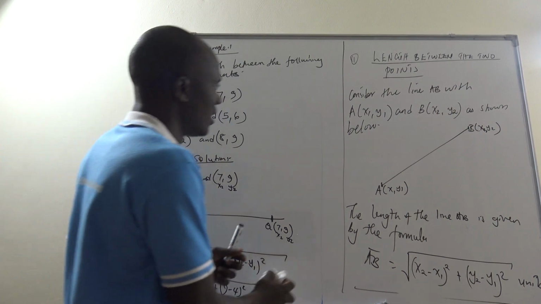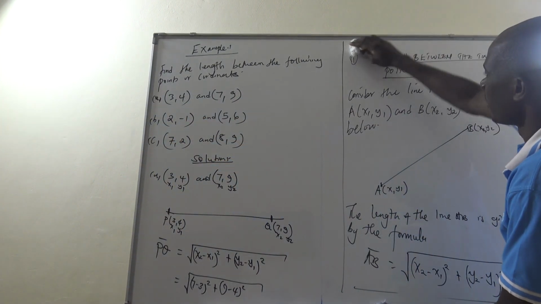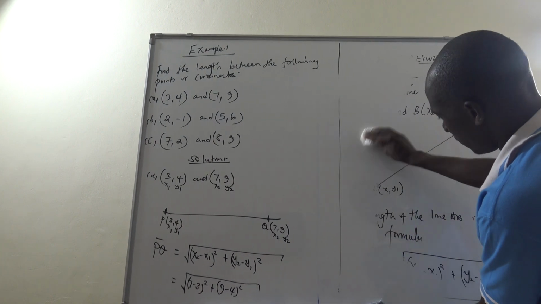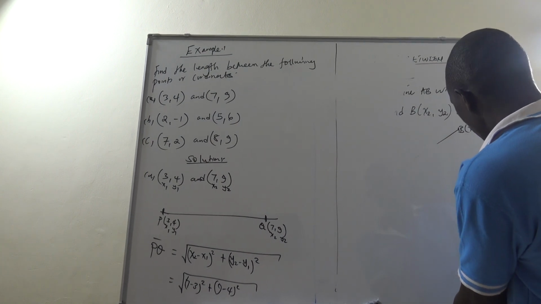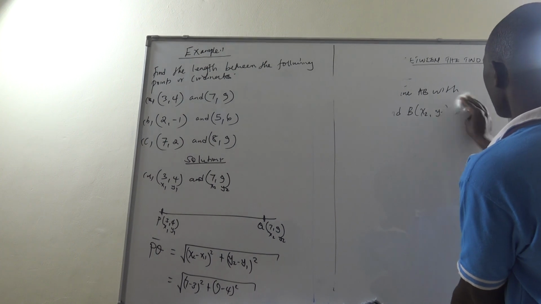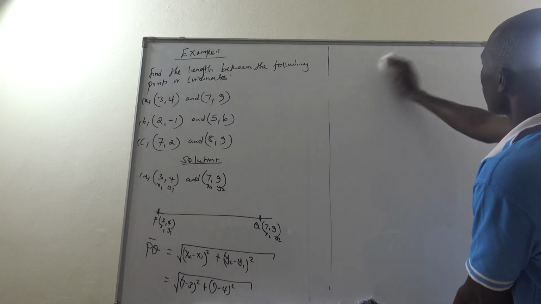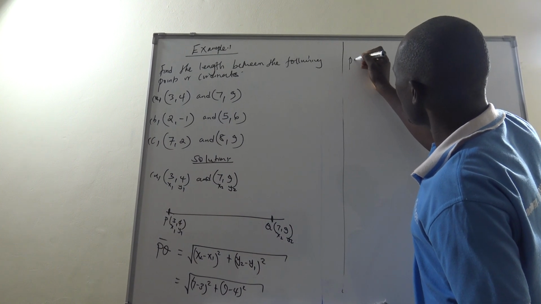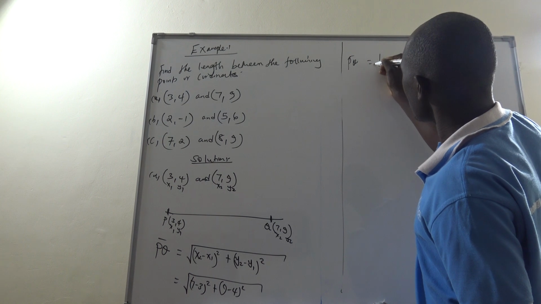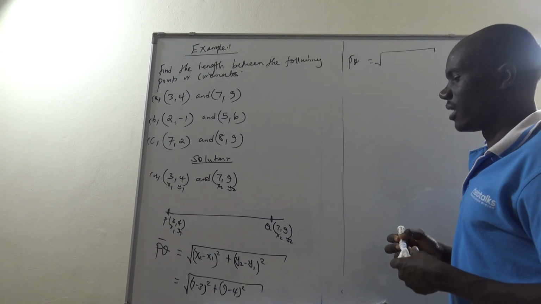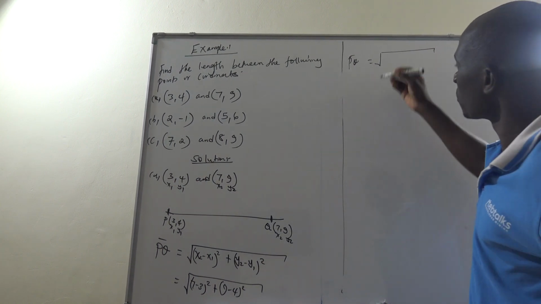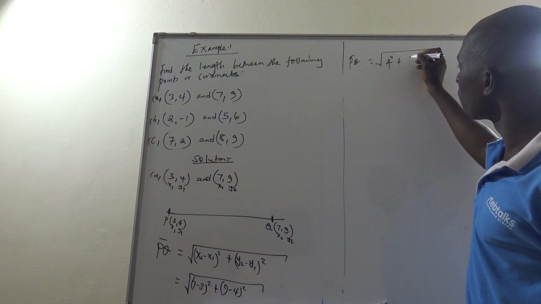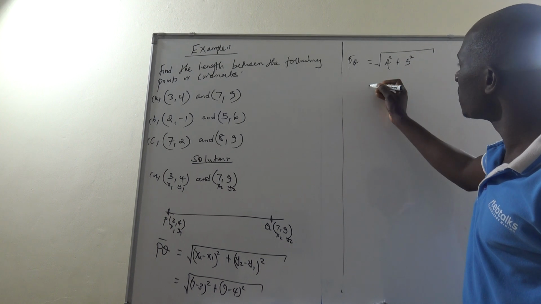So can we go ahead? What is 7 minus 3? 7 minus 3, we are coming out with 4. So we are getting PQ is given as root of 4 squared plus 9 minus 4, we are getting a 5, which is 5 squared.